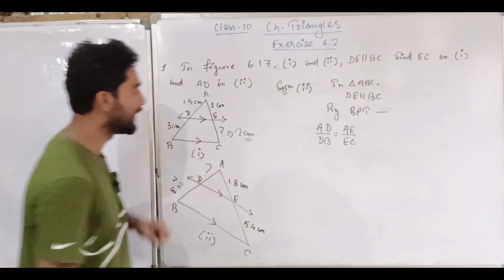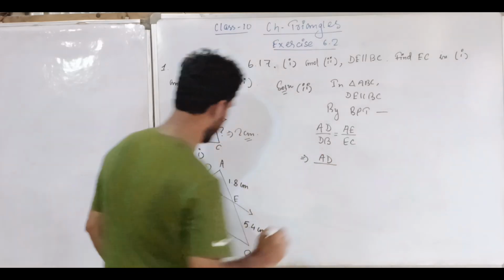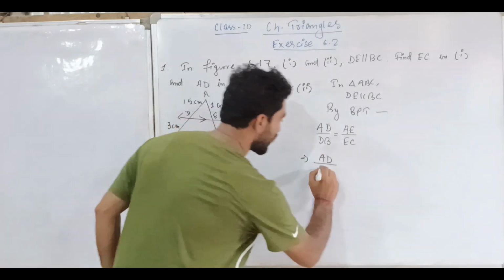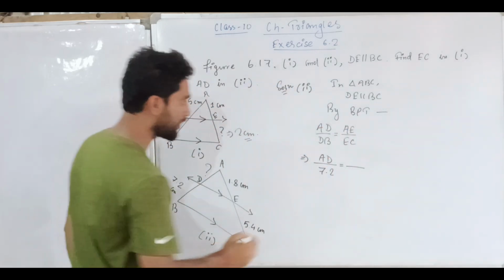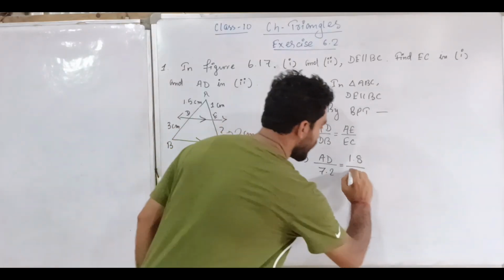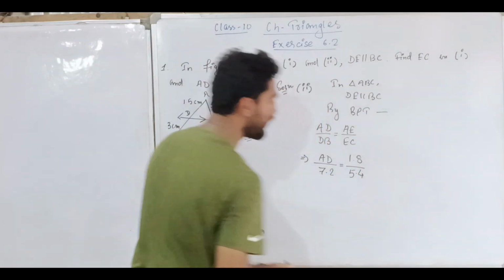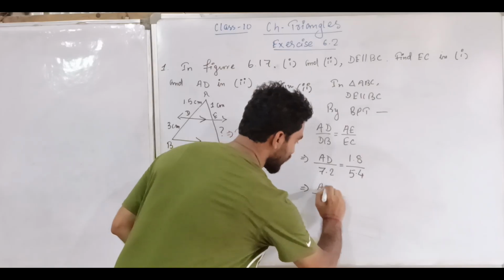We have to find out AD. So AD divided by DB, which is given 7.2, is equal to AE given 1.8, over AC given 5.4. Now simplify, we will get the answer.